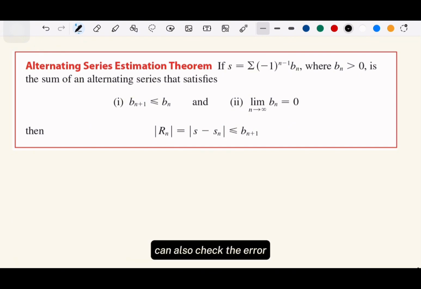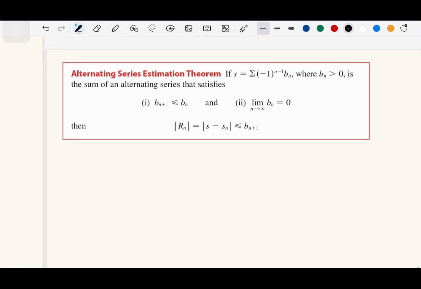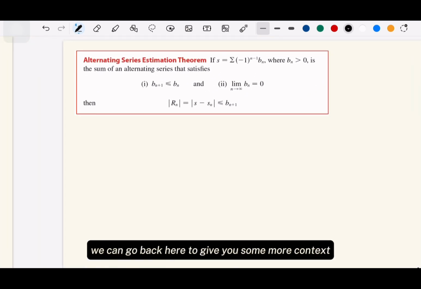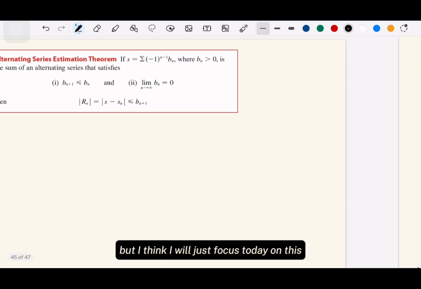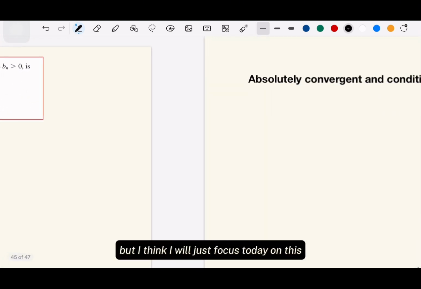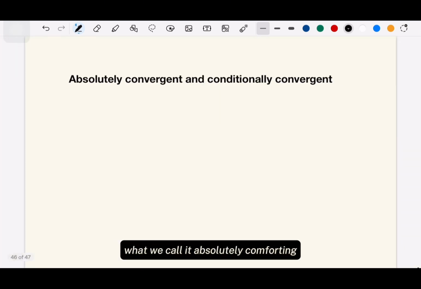We can also check the error. If we have time, we can go back here to give you some more context. But I think I will just focus today on what we call absolutely convergent and conditionally convergent.